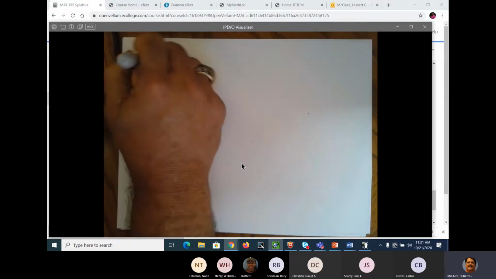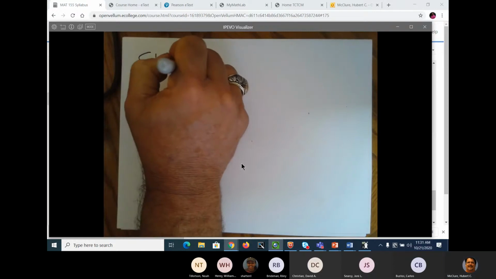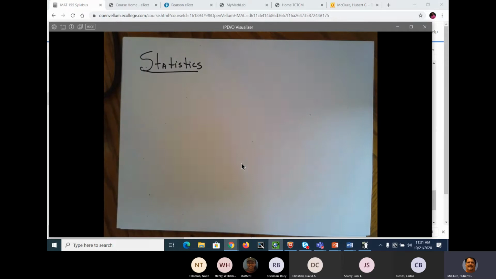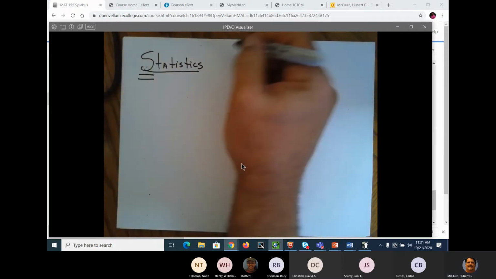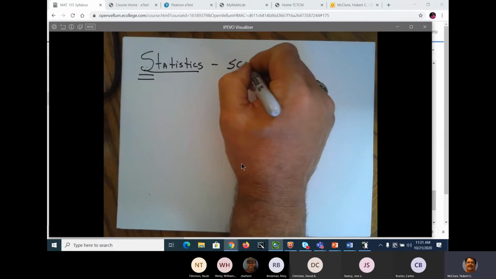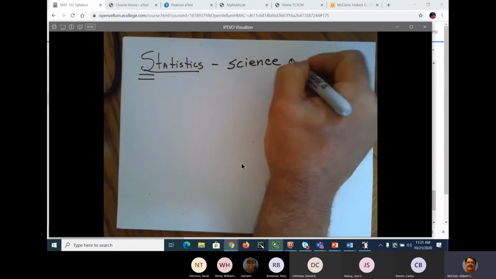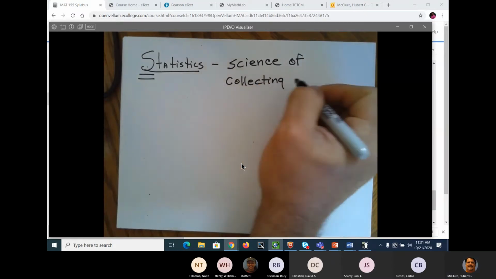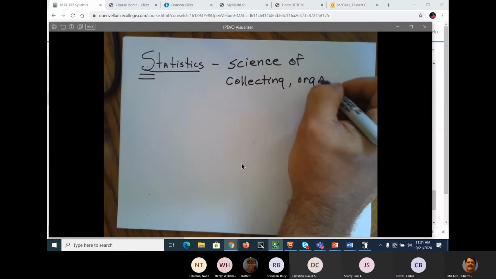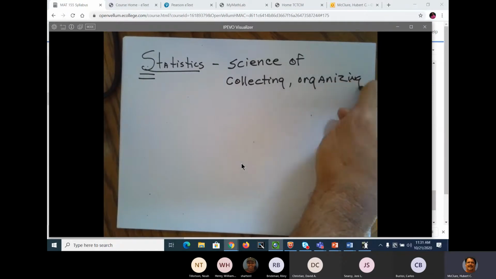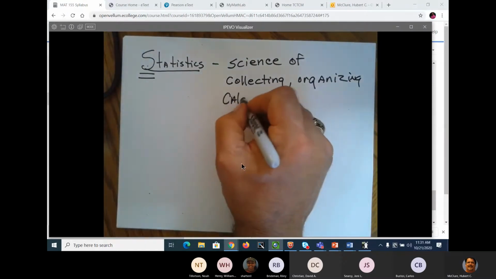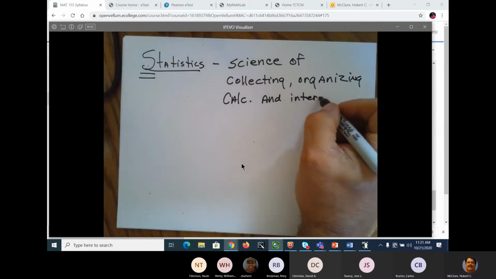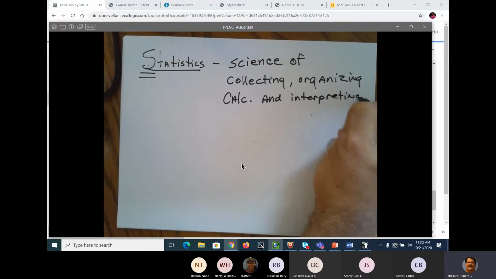When you see the word statistics, and it has a capital letter, okay, that means that you are studying the science of collecting, organizing, calculating, and interpreting data.